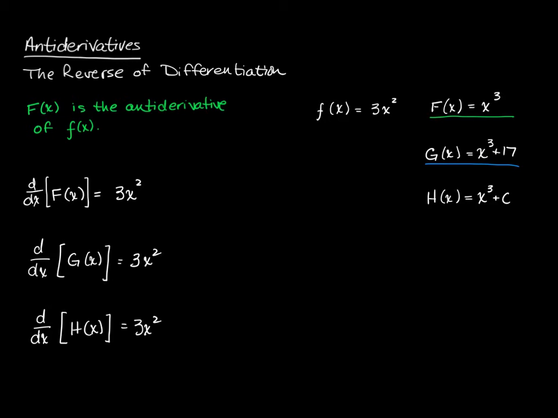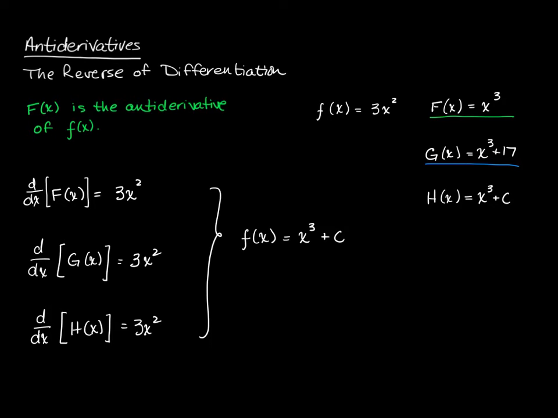When we take the antiderivative of the function 3x squared, we get that its antiderivative is x cubed plus some constant, because taking the derivative of any of the family of functions, x cubed plus c, results in the derivative function 3x squared.